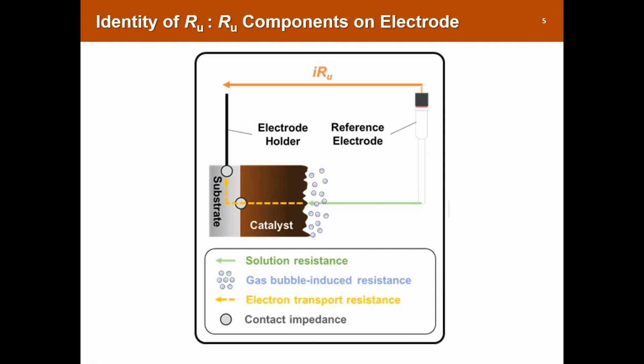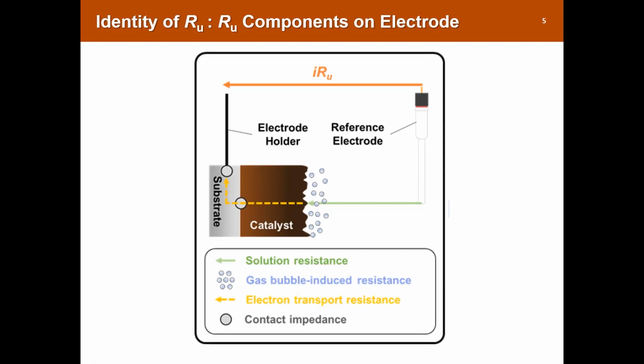That's what most electrochemists have believed for a long time. But it turns out, depending on the electric property, let's say you have a semiconducting material, you do the Mott-Schottky analysis, so your electrode should be semiconducting, and your electrode has a certain thickness, right? So there is always electron transfer resistance or hole transfer resistance through your electrode. So when you measure the RU value using impedance or current interruption, you have solution resistance and electron transfer resistance together in the RU.